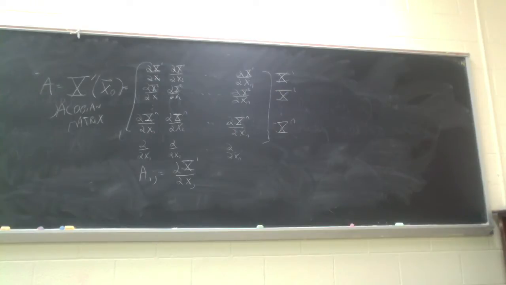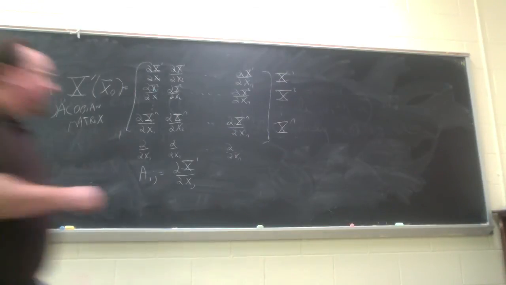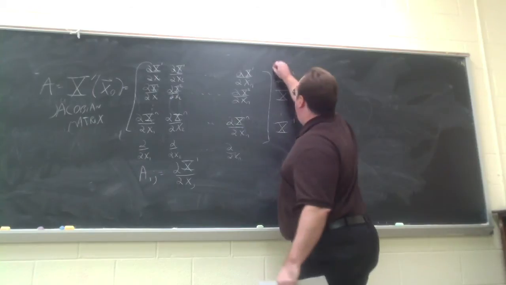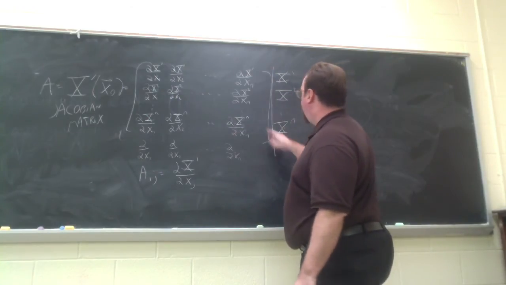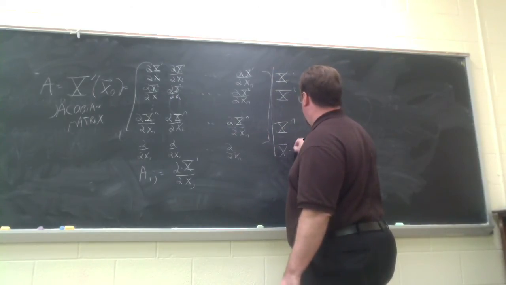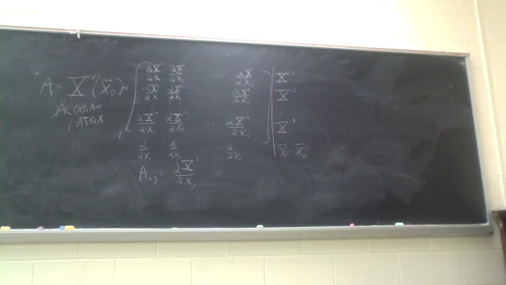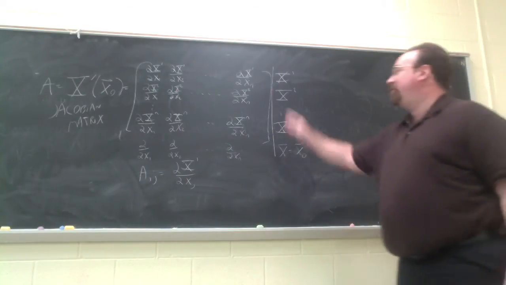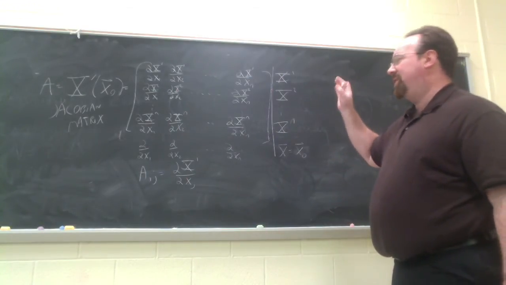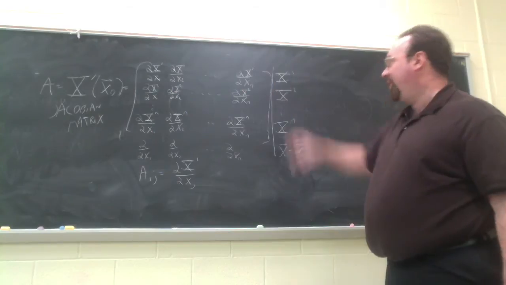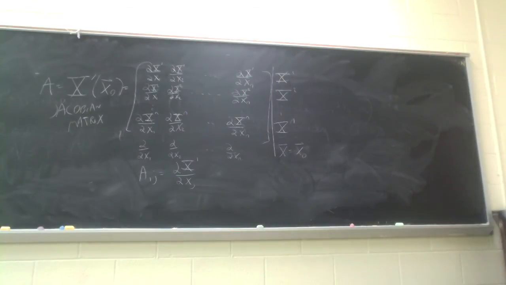So what we do is, at each fixed point, we'll go ahead and compute A. And I want to emphasize, we evaluate all these partial derivatives at x naught. So in the end, we're just dealing with a matrix of numbers. We compute partial derivatives of functions of x, y, z, whatever, plug in the fixed point, and then we have a plain old linear system.